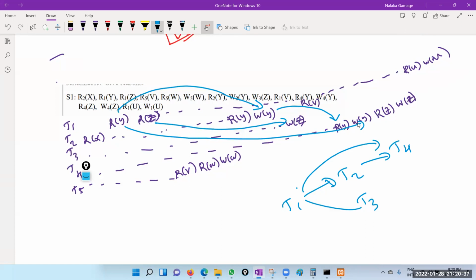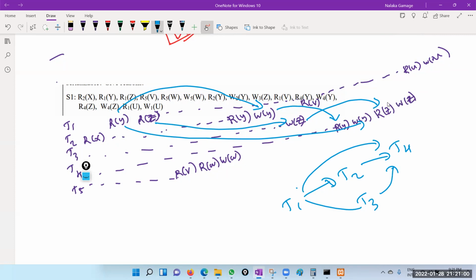තවත් තියෙනවද? Z, read Z no problem. Write Z, read Z: T3 to T4. Then write Z is again there.